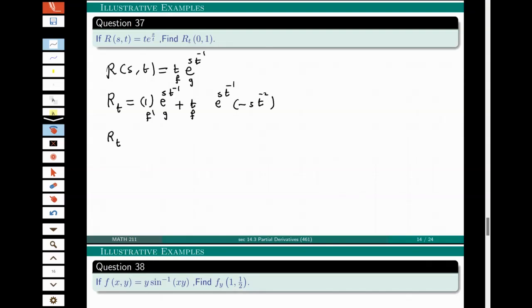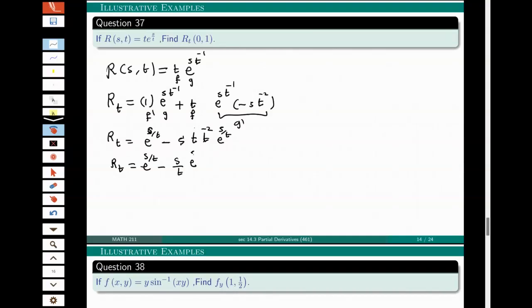So r sub t will become e raised to the power s over t, plus, of course, the derivative of the second. It will be plus t times minus s times t raised to the power minus 2 e raised to the power s over t, which means r sub t is equal to e to the power s over t times 1 minus s over t, because we have 1 minus 2 is minus 1.